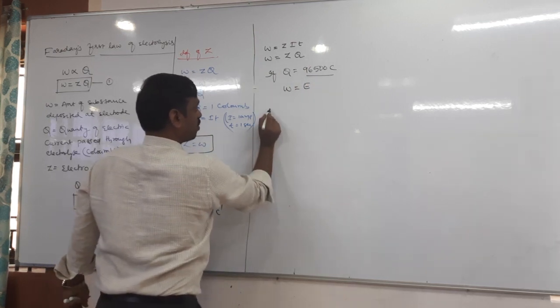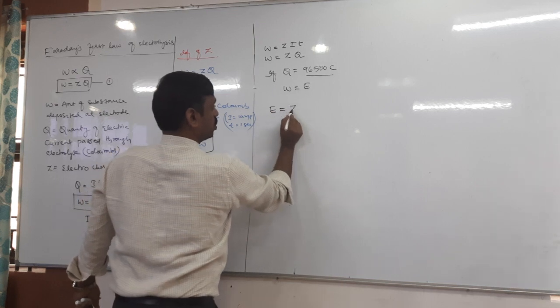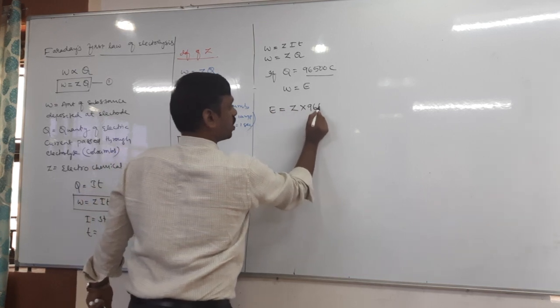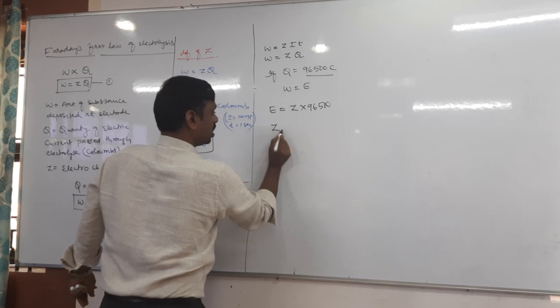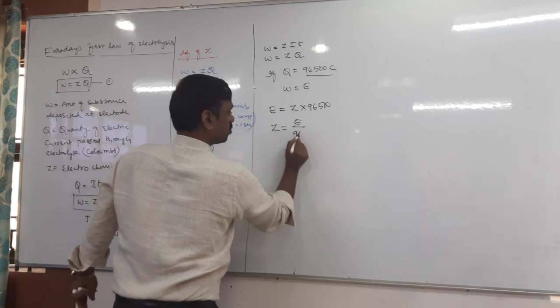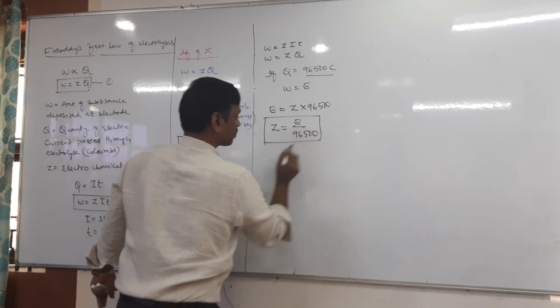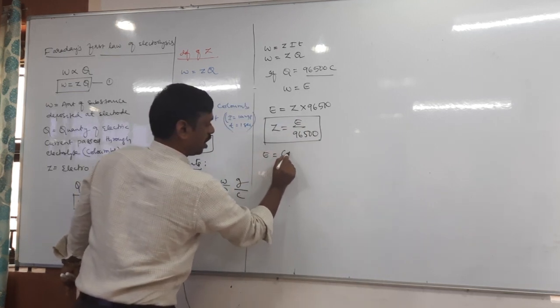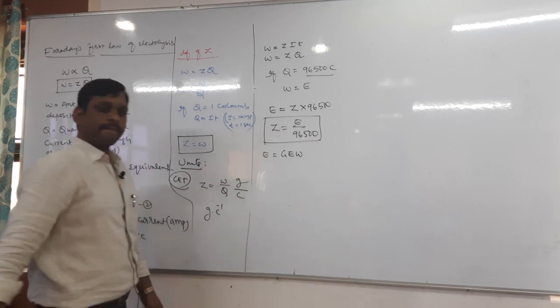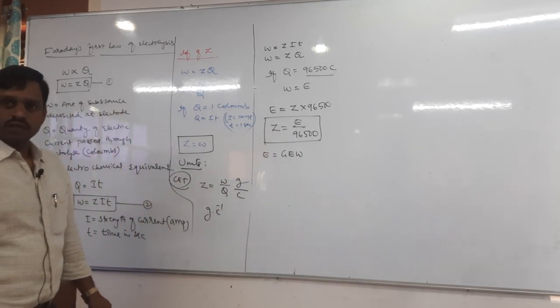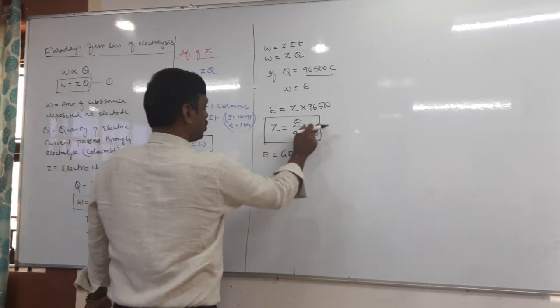Therefore, in place of W, you can write E. E equal to Z into 96,500 coulomb, so Z equal to E by 96,500 coulomb. Very, very important. Where E is the gram equivalent weight. Now substitute in equations 1 and 2.